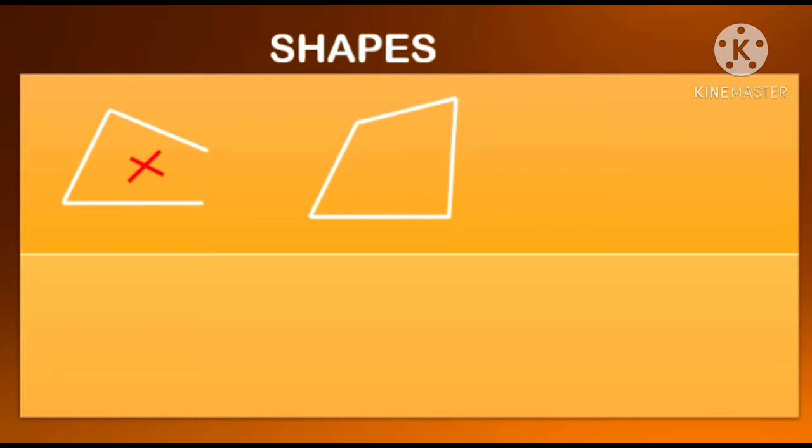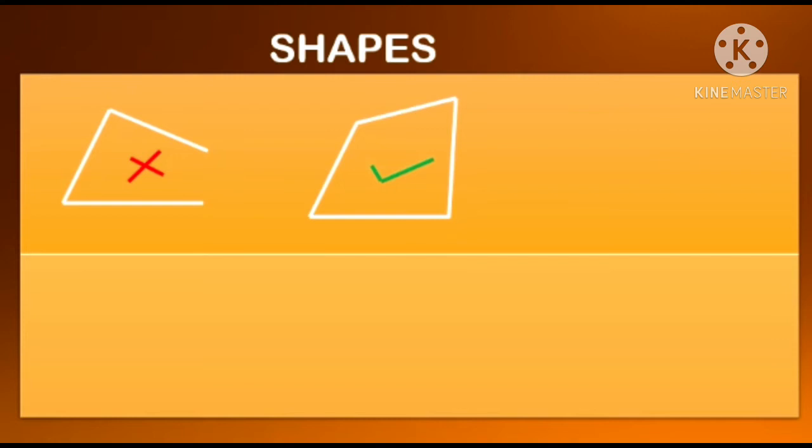And it is a two-dimensional shape. So we can say it is a polygon. A quadrilateral includes square, rectangle, parallelogram, rhombus, kite, trapezium, like that. So we can say all these shapes are polygons.